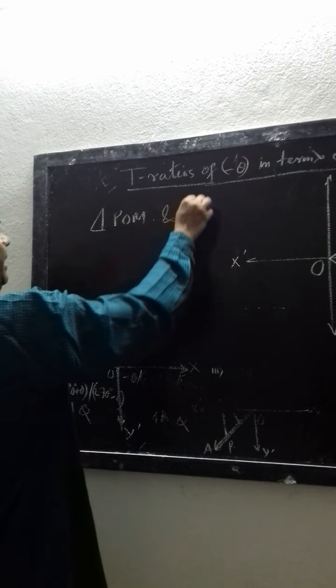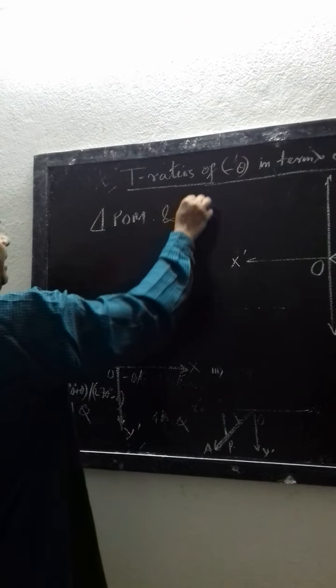Now cos of minus theta equal to OM by OQ, OM equal to OM, OQ equal to OP. So this is equal to cos theta. And tan of minus theta equal to MQ by OM, MQ equal to minus MP, and this is OM. So MP by OM equal to tan theta. So tan of minus theta equal to minus tan theta.